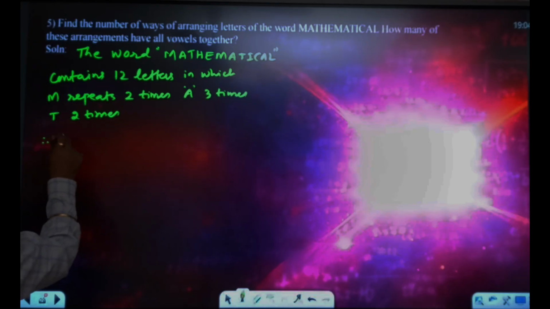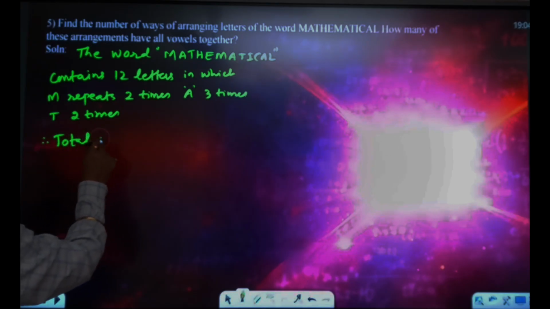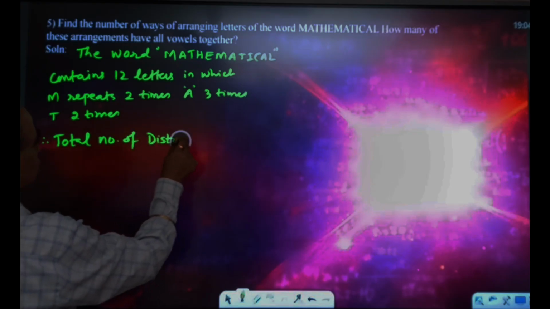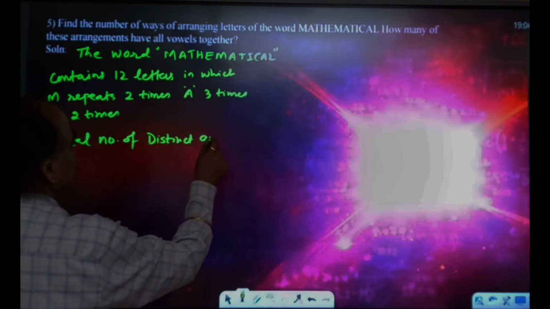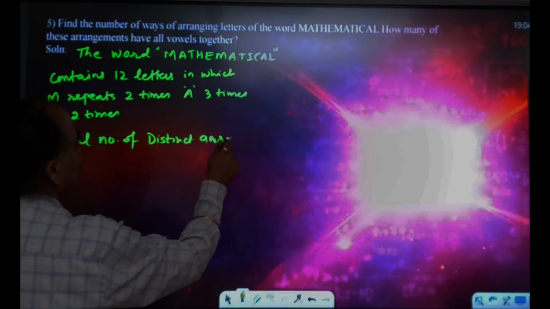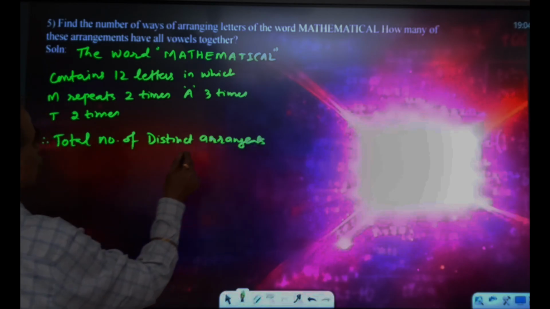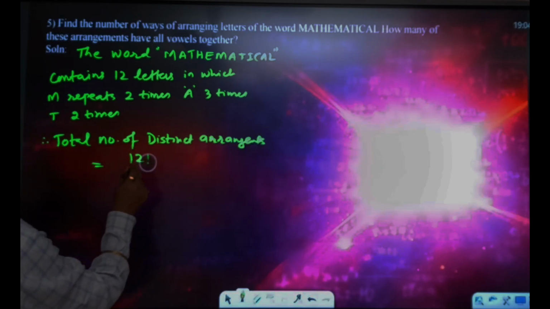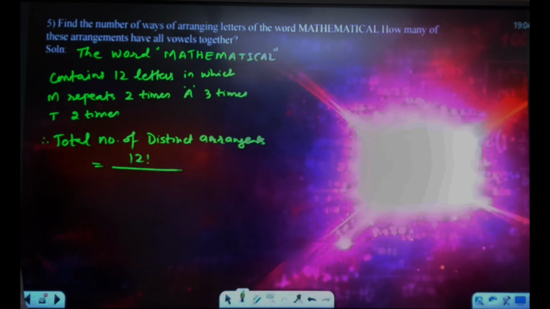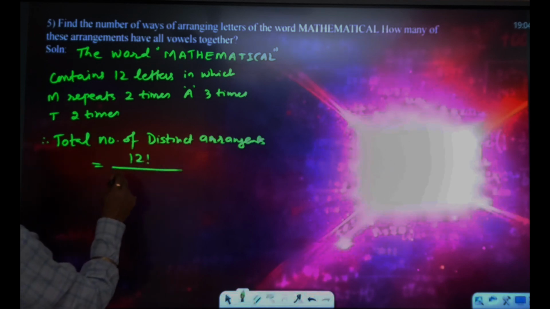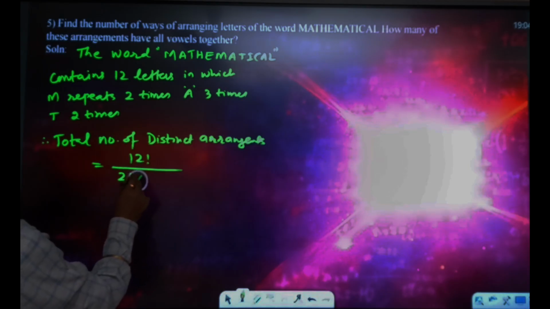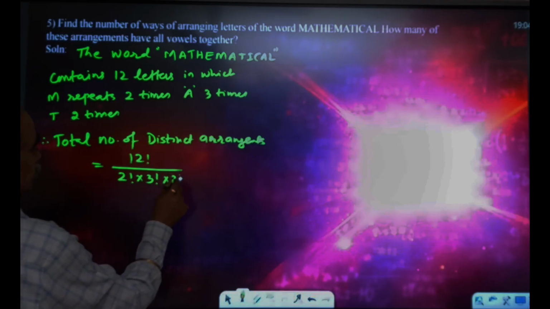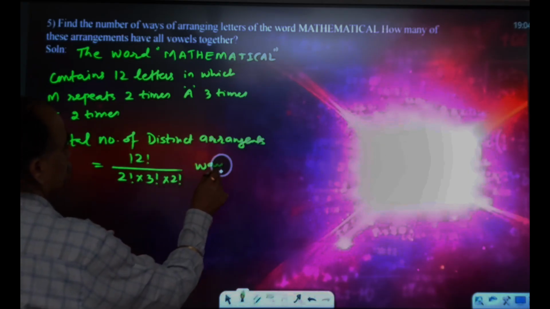Therefore, total number of distinct arrangements is equal to 12 factorial divided by M repeats two times, 2 factorial into 3 factorial into 2 factorial ways.